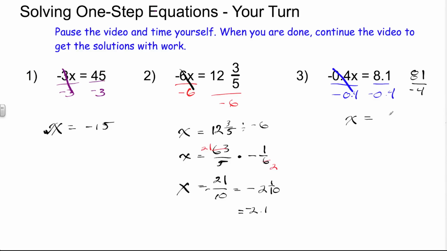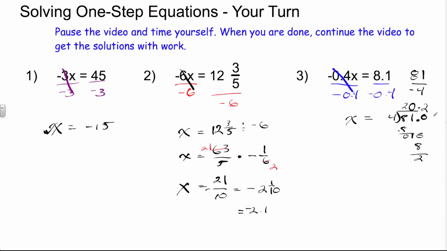Doing that division, this is how you would do it with long division. 4 goes into 8 2 times. 2 times 4 is 8, so that leaves nothing left over. I bring down my 1. 4 does not go into 1, so I put a 0 in here as a placeholder. After I put a decimal in, put a 0 in, bring it down, and 4 goes into 10 2 times. 2 times 4 is 8.